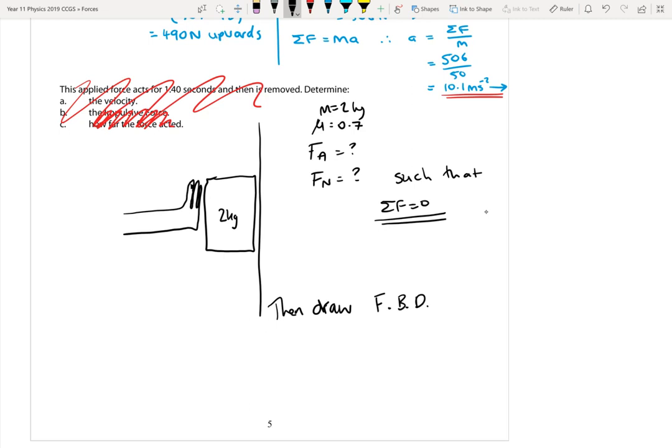And since it's not going up or down vertically, then the weight force and friction force must be equal and opposite. So you've got to figure out what you need to determine first in order to determine the next force, in order to determine the next force. Have a chat with your colleagues, figure out with what force must I push the book against the wall so that it doesn't slide.